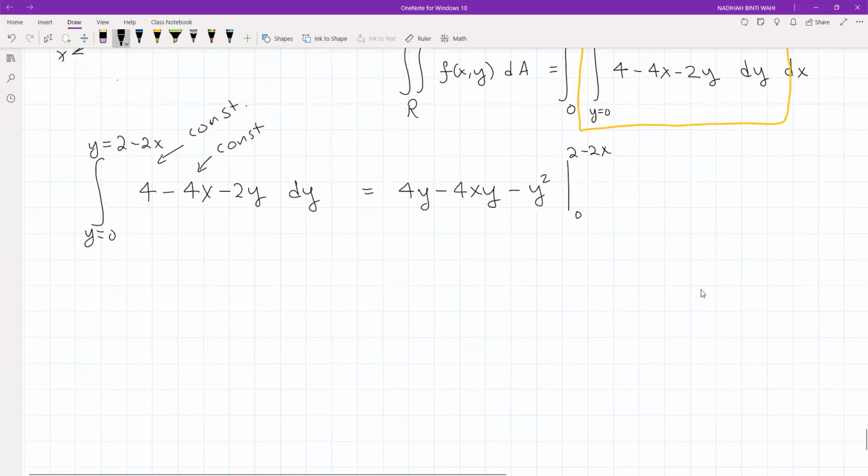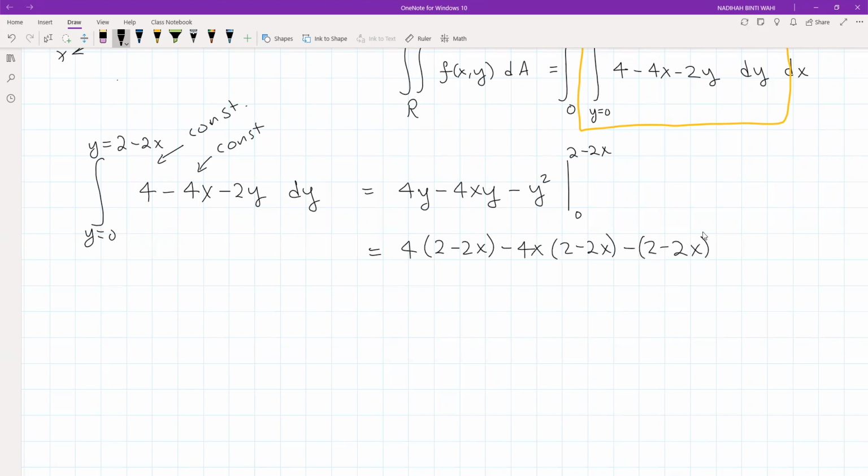All right, so we don't have any question. I think this is so direct to the point, and then we can see that this is 4 minus 2x. So just plug in y. So this is 4 times (2 minus 2x), and then minus 4x times (2 minus 2x), minus (2 minus 2x) squared.